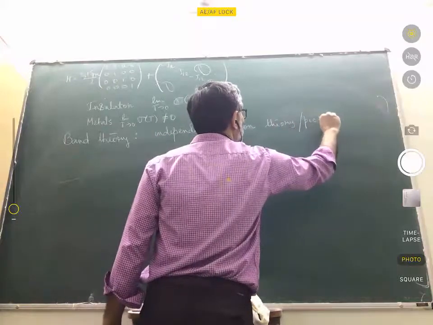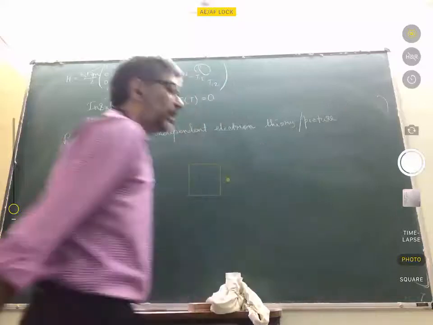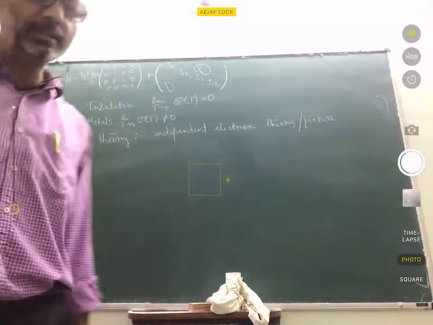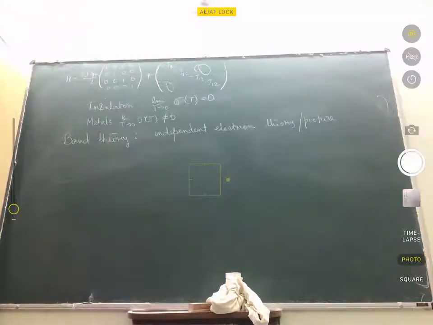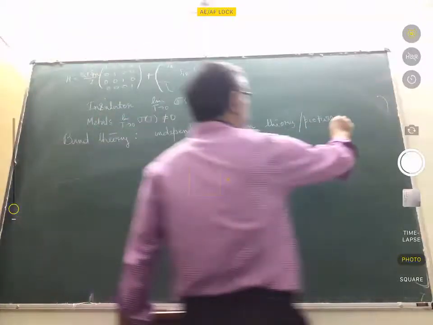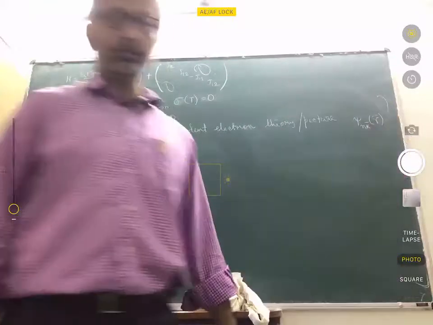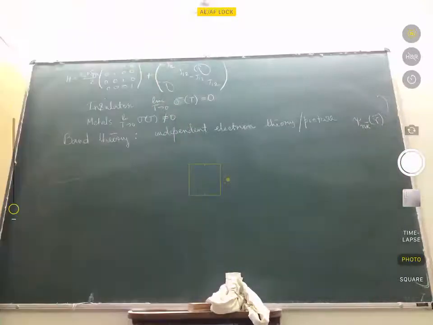The band states are one-electron states. We routinely do band structure calculations, but at some point some approximation is made which gives us the total energy of the interacting system, but the states that are obtained are some effective one-electron wave functions, the band states, the psi n k r's that we talked about. So band theory is essentially an independent electron theory.